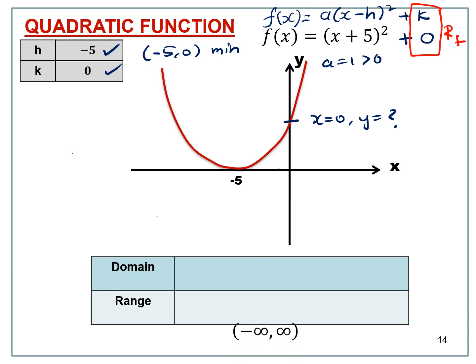Okay, for the domain first, we know that all x are defined from negative infinity to infinity. The range we start from 0 to infinity. So look at the graph, we start y = 0 to infinity. Below y = 0 there is no graph.